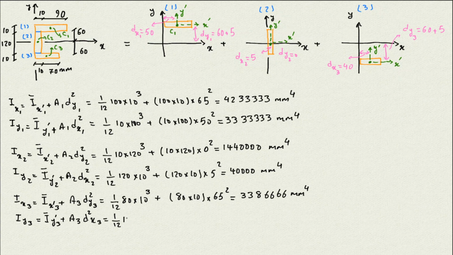So it's 1/12 times 10 times 80 cube plus the area of that rectangle, which is 10 times 80, and then the distance between y prime and the y, which is 40 squared, and the result is going to be 176.666.